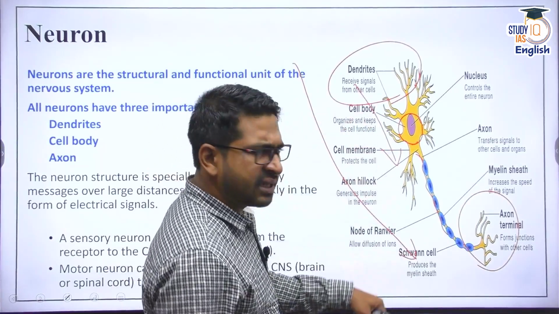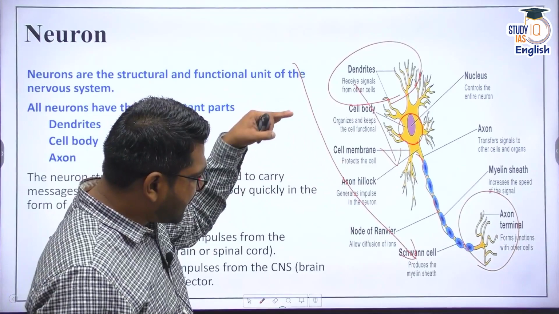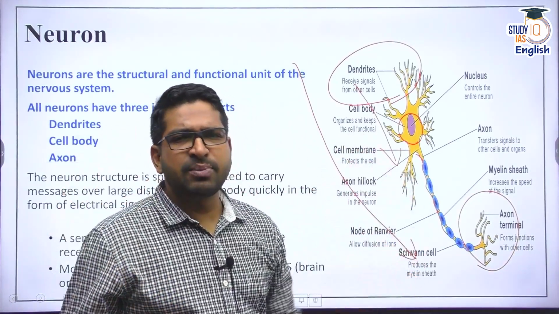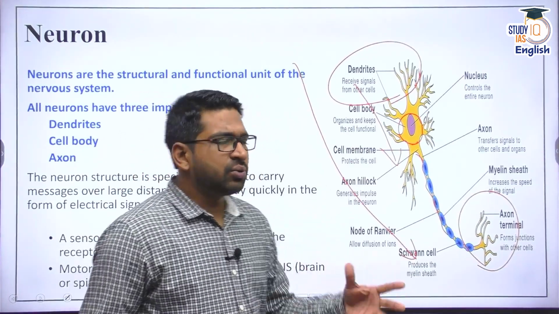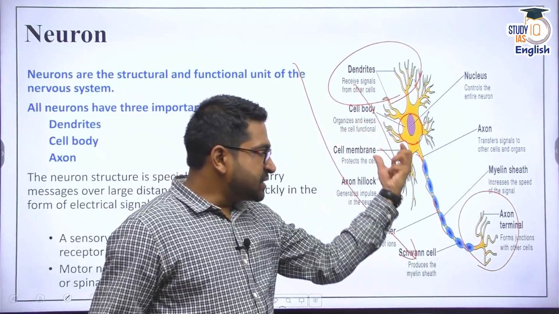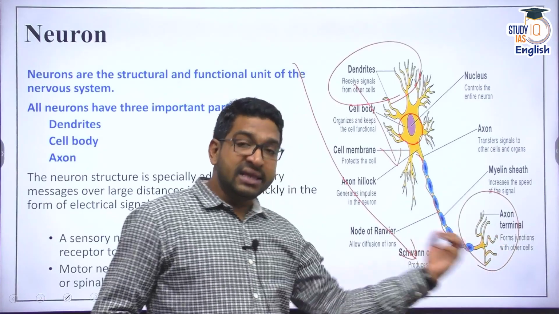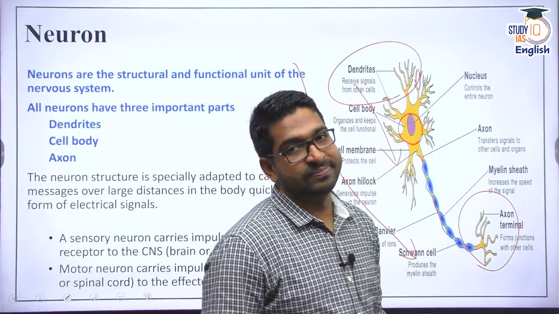Apart from that, there are other parts like the myelin sheath, the cell membrane, the axon hillock, etc. But from the UPSC examination perspective, you need to understand that the dendrites receive the impulses, they transmit the impulses through the cell, through the axon, which reaches the axon terminal, and these axon terminals ultimately help us in control and coordination.